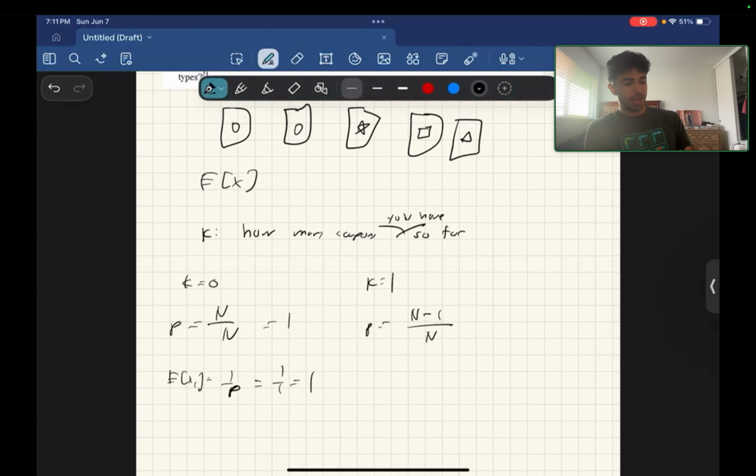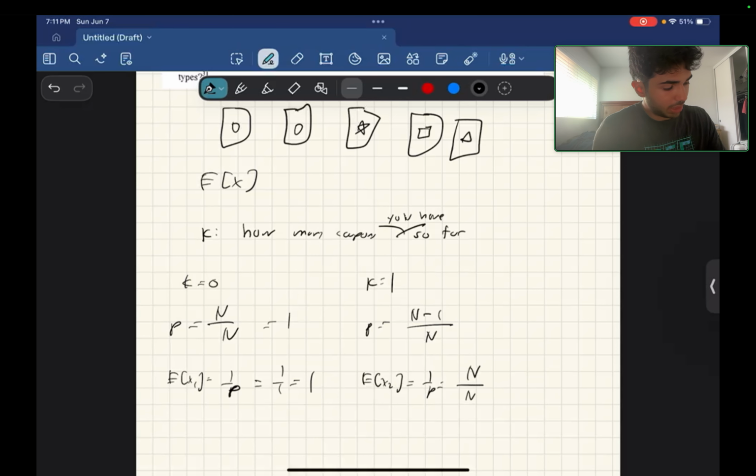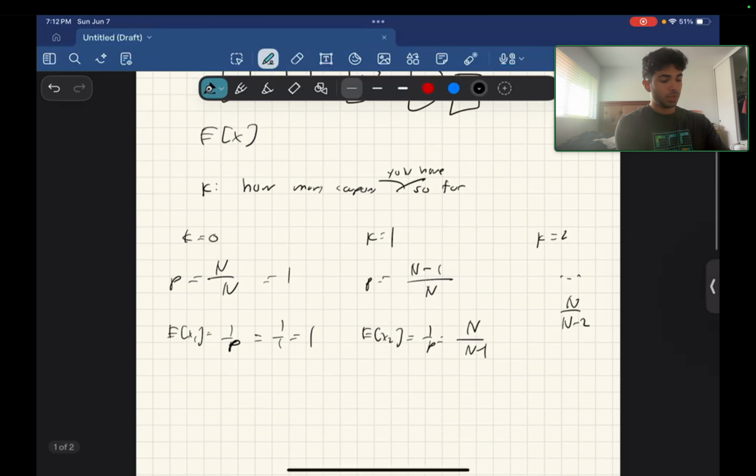So the probability is n minus 1 over n. Same thing, the expectation will be 1 over p, which is n over n minus 1. You can keep going, like K equals 2, you're going to get n over n minus 2, and we can sum across all of them.